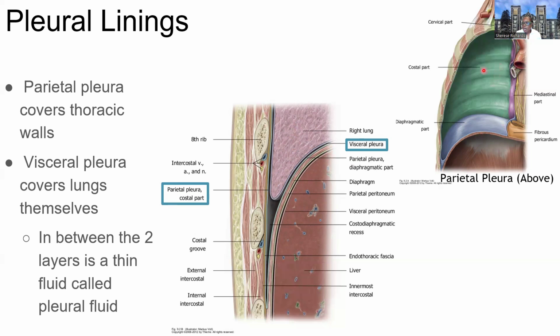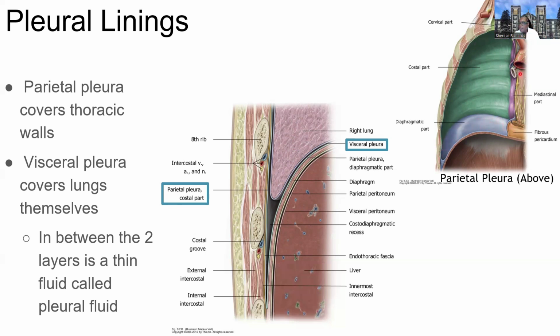So if we look at the parts of the pleura, we have the costal part, which is attached to the part of the thoracic cavity where the ribs are found. We have the diaphragmatic part, which attaches to the diaphragmatic part of the thoracic cavity.